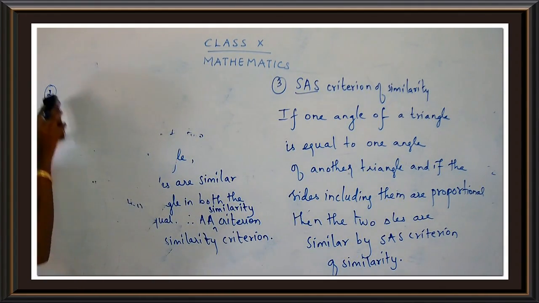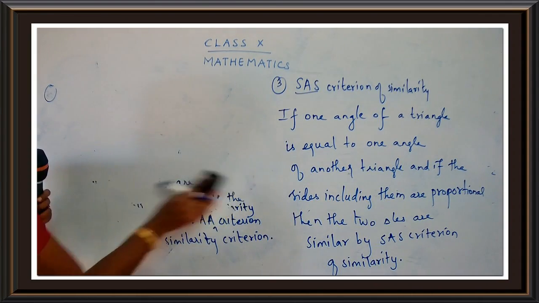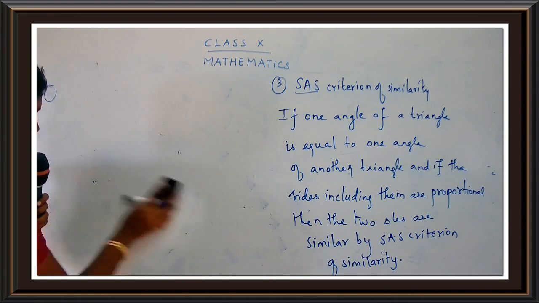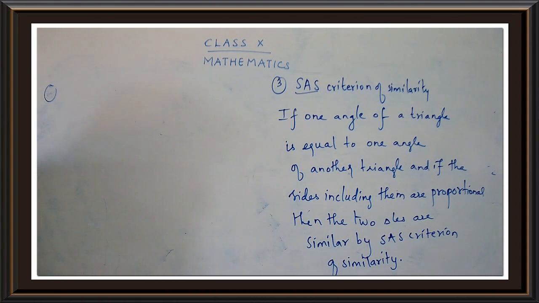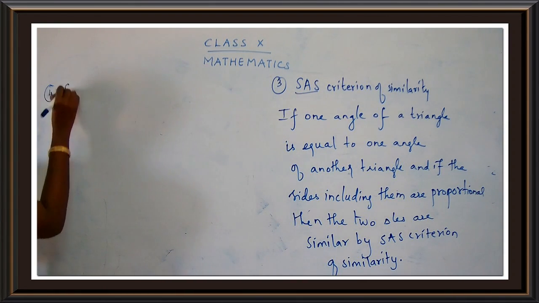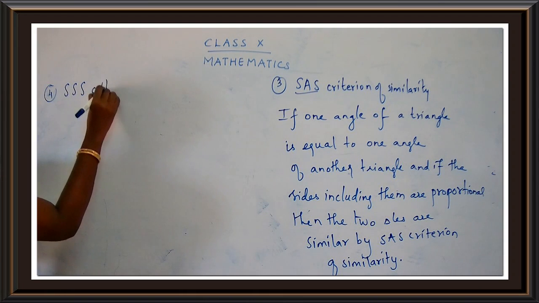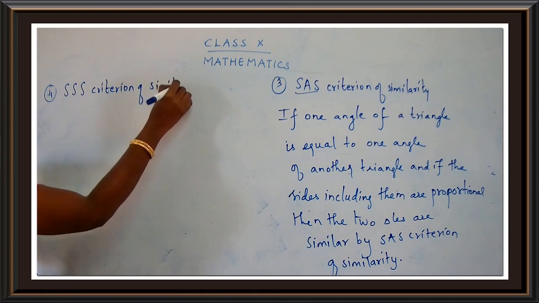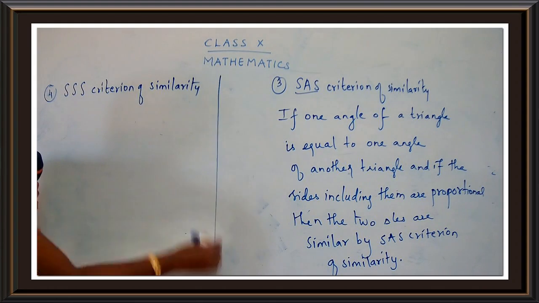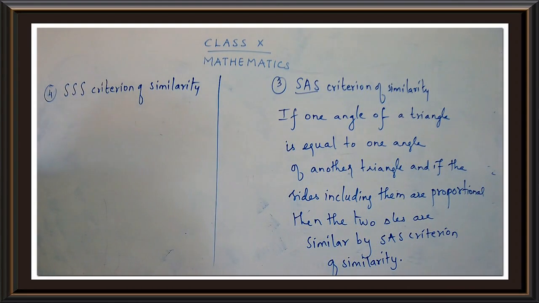Let's go for point number 4, SSS criterion of similarity. It's very simple. As the name suggests, it's side, side, side.